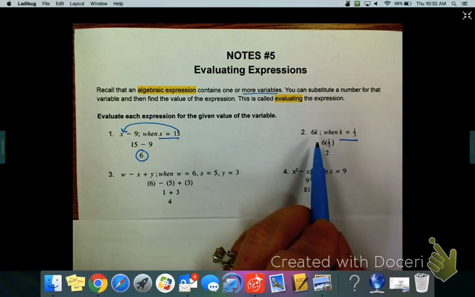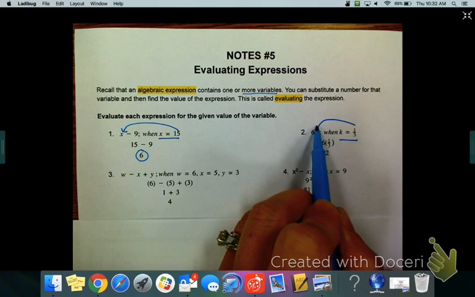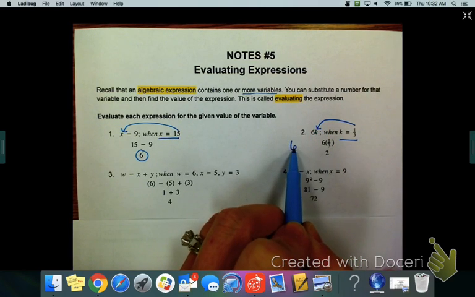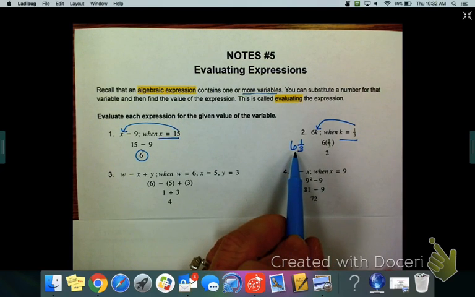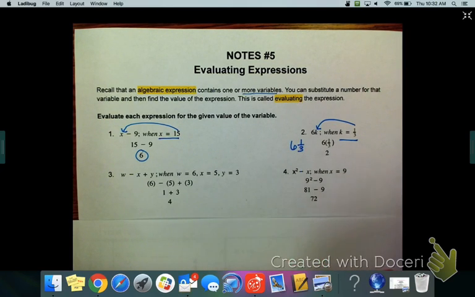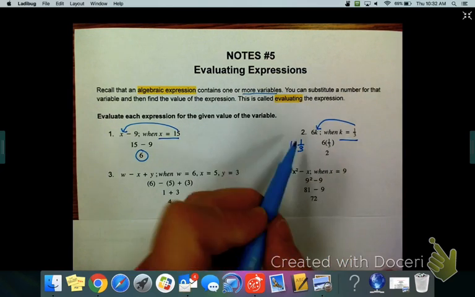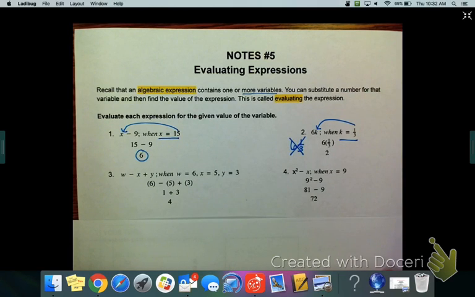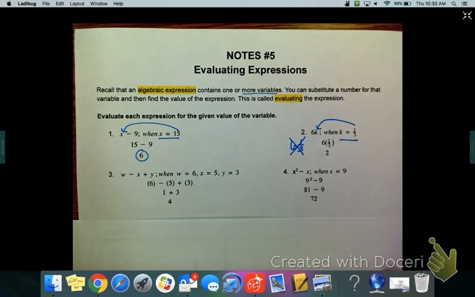Now, what's tricky about this is that when I go to substitute 1/3 in for k, I cannot just write 6 next to 1/3, because that looks like 6 and 1/3. I can't assume someone knows to multiply 6 times 1/3. So this is not okay. You cannot just plug that in and assume somebody knows to multiply.